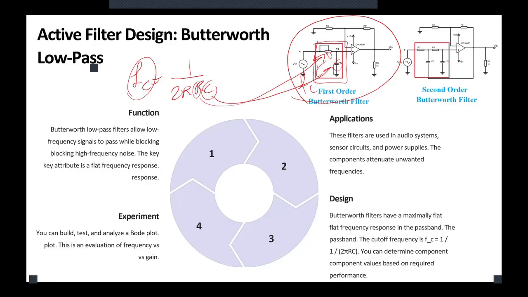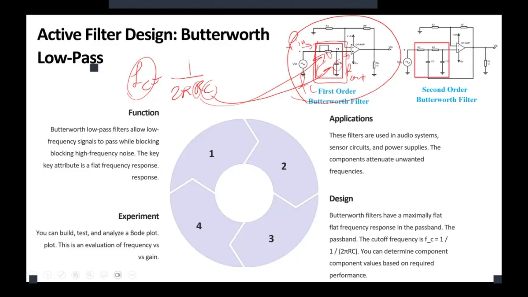Now, what actually happens at the cutoff frequency is that at fc, the output voltage is about 70.7% of the input voltage. We are talking about the filter itself, not the op amp. Here we have the filter input, and here we have the filter output.